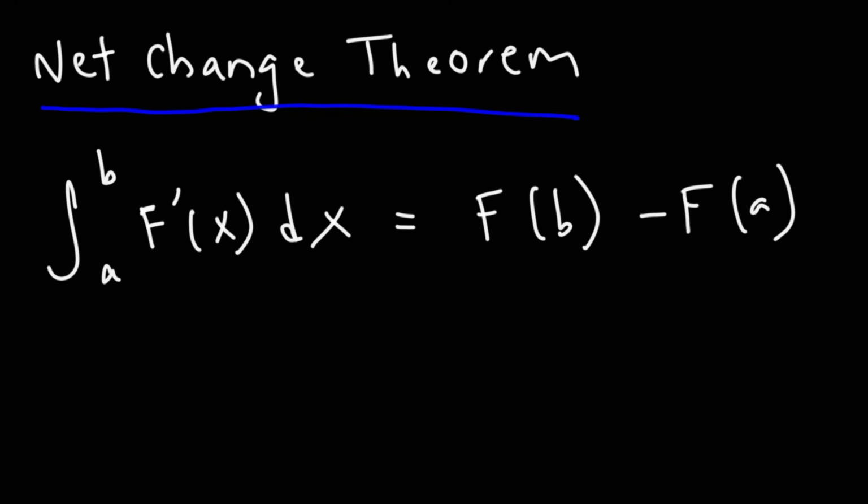Same thing with velocity: if you have velocity, or how fast something is moving, using the net change theorem, you can determine the displacement of that moving object over time.